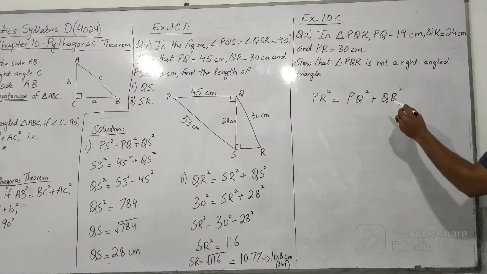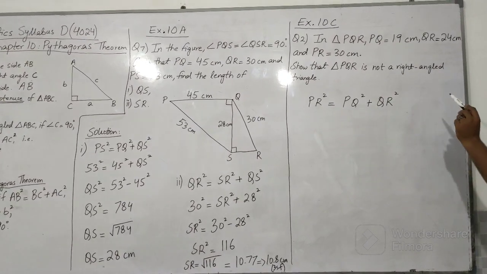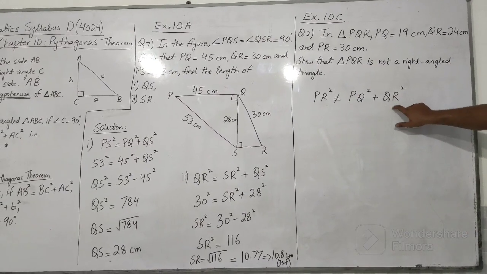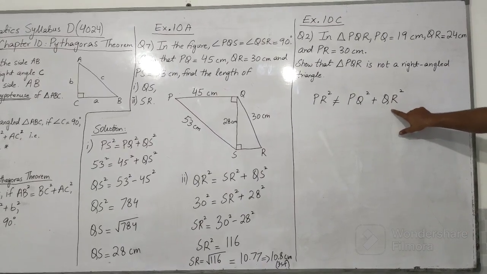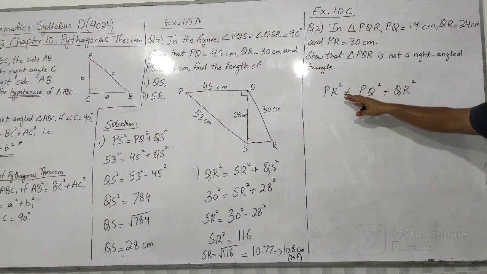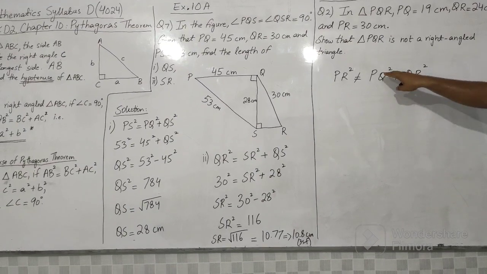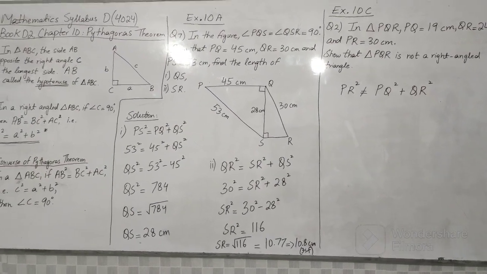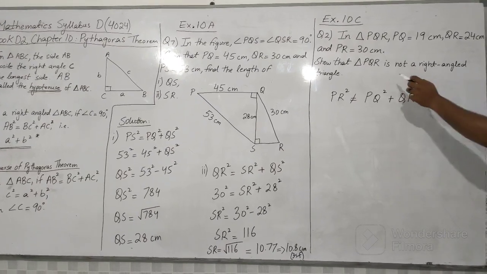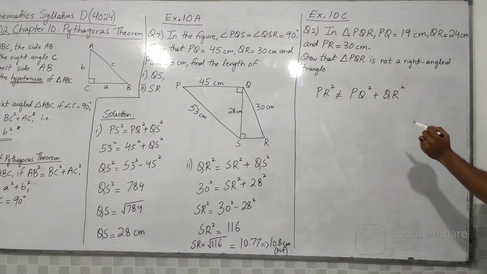So if we have to show that it's not a right angle triangle, PR square should not be equal to the sum of the squares of the other two sides, to confirm that this triangle is not a right angle triangle.